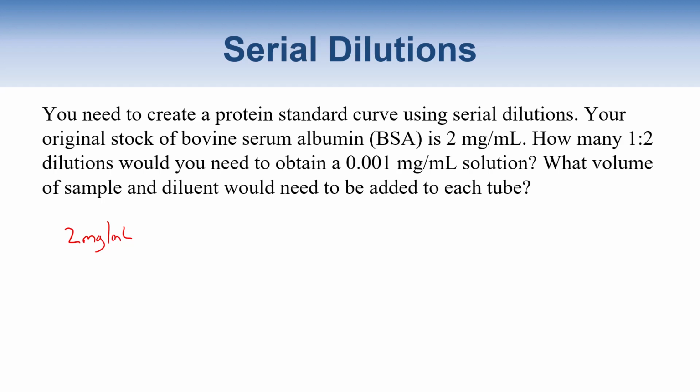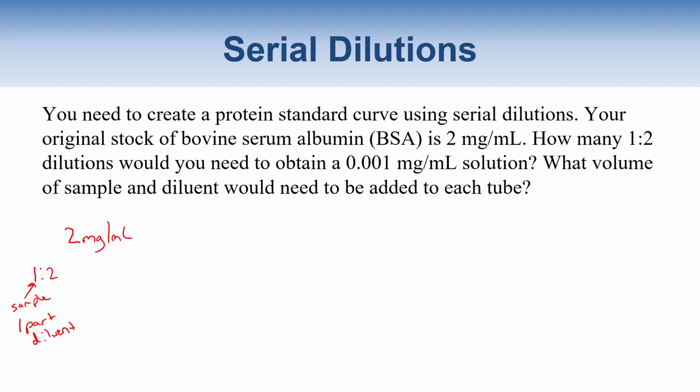So if we're performing 1 to 2 dilutions, that means that there's 1 part sample out of the entire solution of 2. If the whole solution is 2 and 1 part of the 2 is the sample, then the other 1 part of that 2 is going to be the diluent. So we get 1 part sample, 1 part diluent.